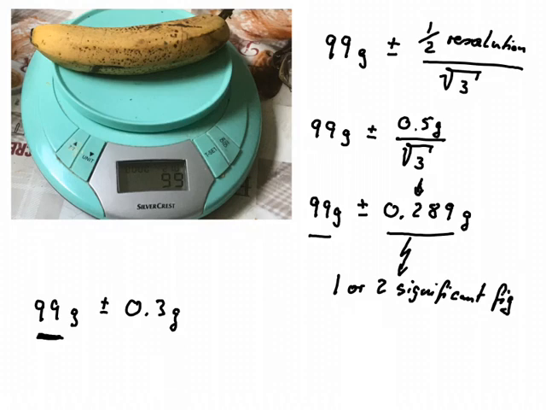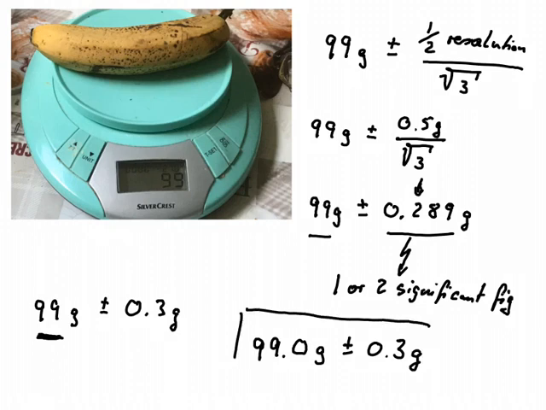So our final result would therefore be 99.0 gram plus minus 0.3 gram. And that would be actually our measurement that we are going to report. So the banana weighs 99.0 gram plus or minus 0.3 grams.